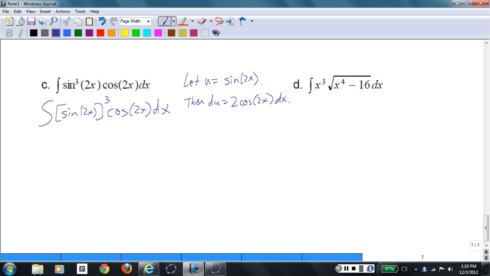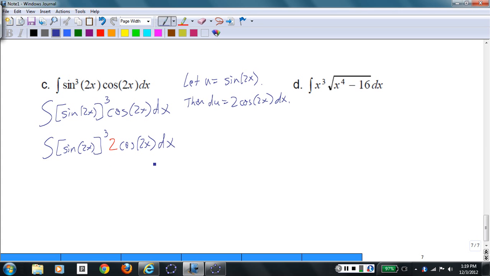Okay, what do I want? What do I need? Well, I need a 2 there in front of the cosine of 2x. So what do I do about that? Well, I could write a letter, well, email, text message, to Santa Claus, or I can just put a 2 there. Just like that.